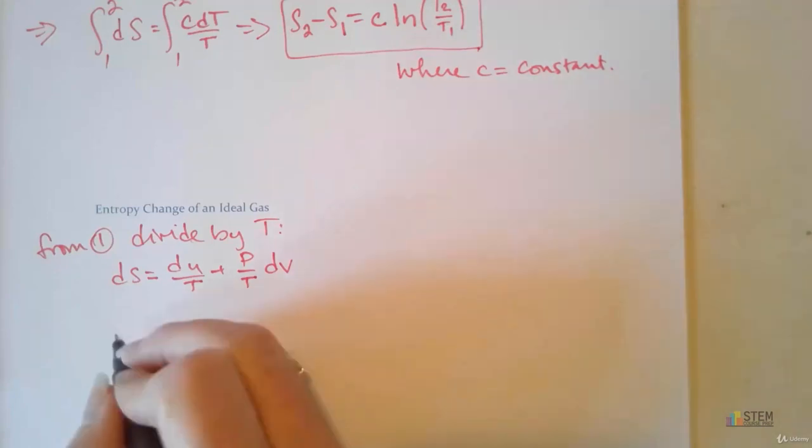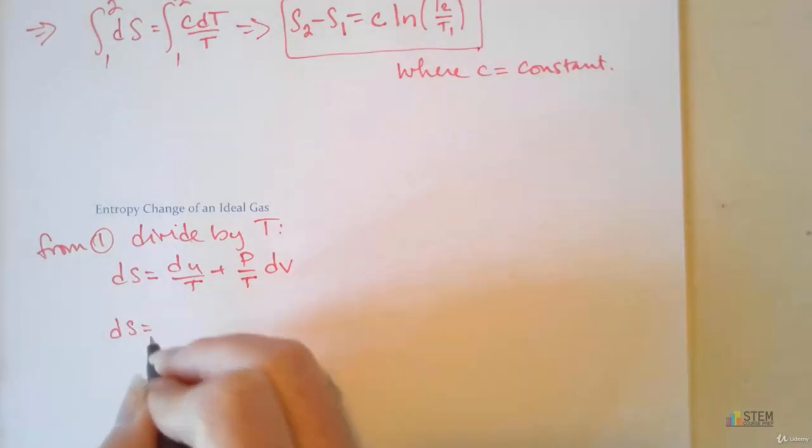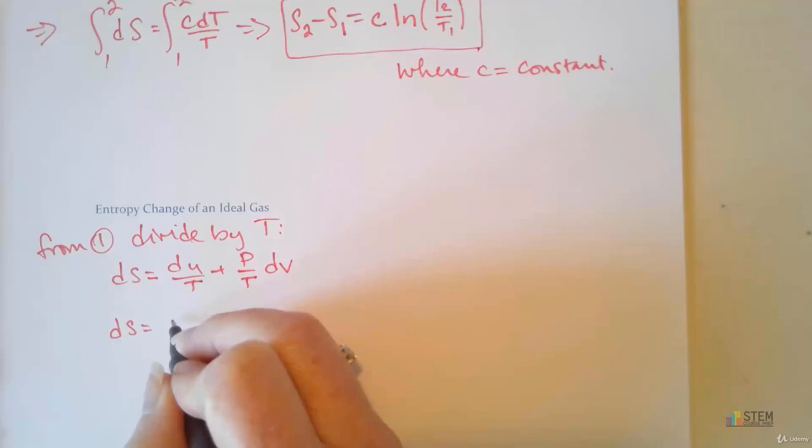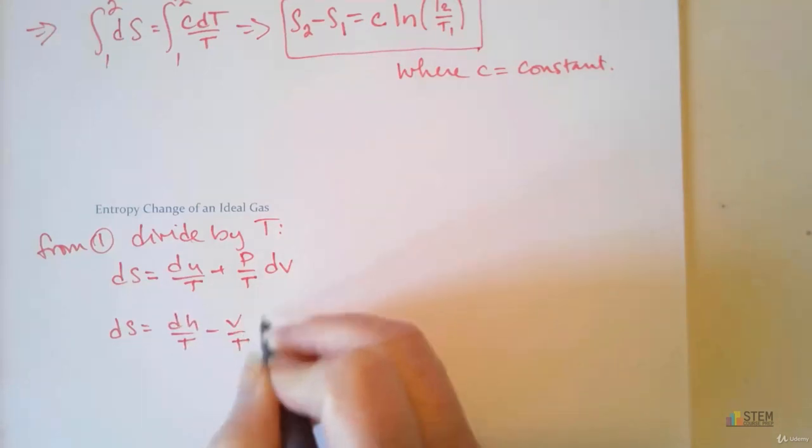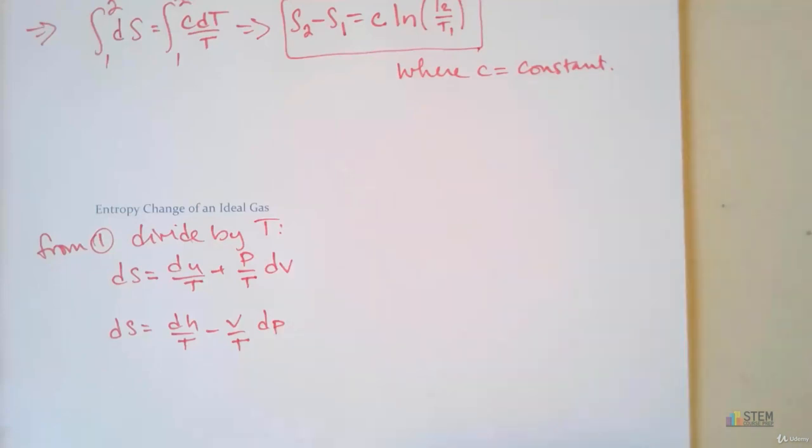And in addition to that, we had the two equations, remember? So the second one would be ds equals h over T minus v over T times change in pressure.